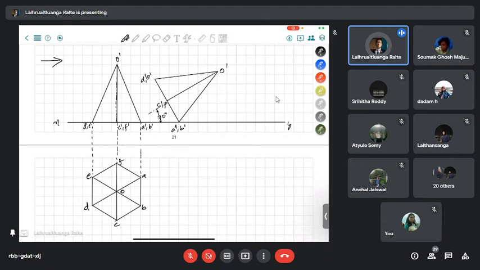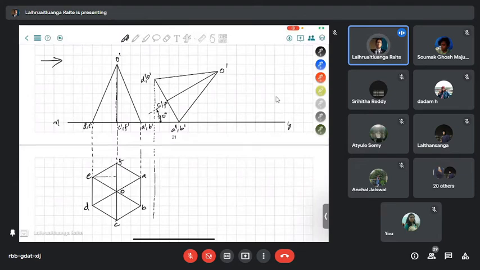I'm going to project point DE. So DE corresponds to this DE, right? So it will go all the way downwards.